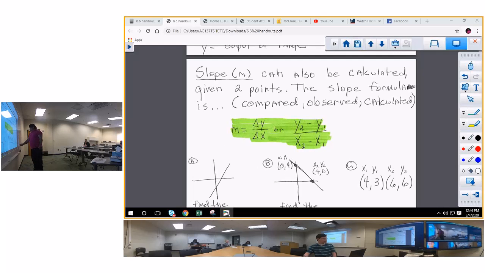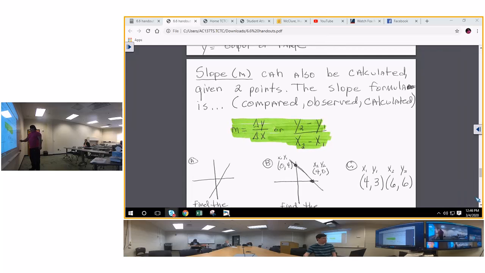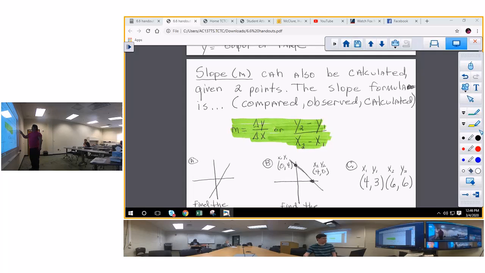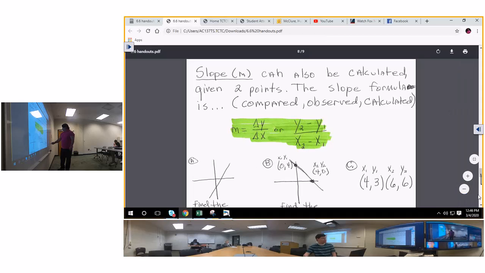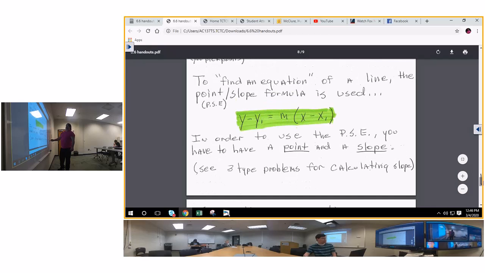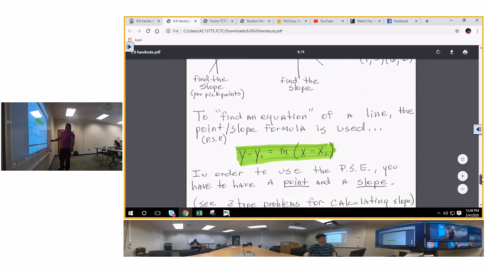Again, I'm not trying to insult anybody's intelligence, but sometimes it kind of helps to go over this, because the one thing that people screw up in graphing is calculating the slope. And here's the second most important thing.